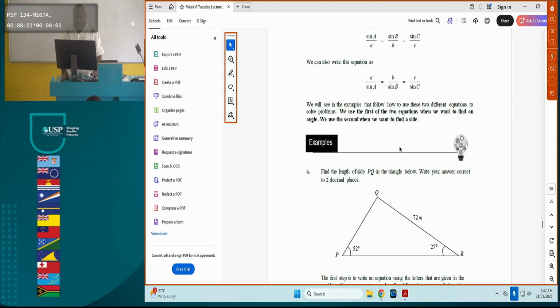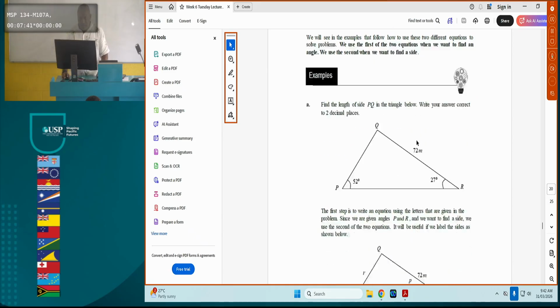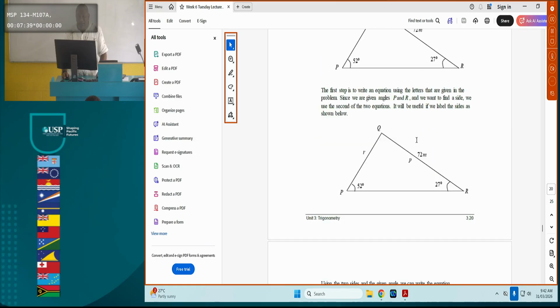Because we are asked to find a missing side, which version shall we use? The second version. So we will not be using ABC, we will be using PQR.